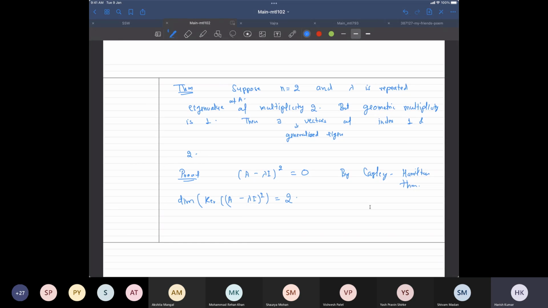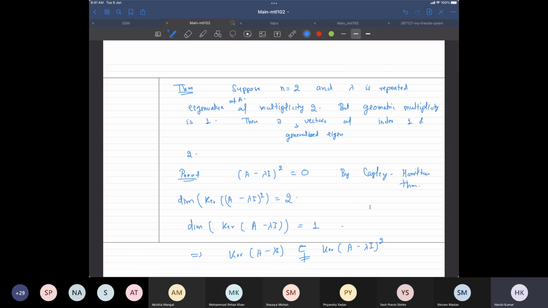But we know that the dimension of the kernel of A minus lambda I, which is nothing but the subspace spanned by the eigenvectors, is equal to 1. That's why geometric multiplicity was 1. Okay, so this implies that the kernel of A minus lambda I is contained strictly in the kernel of A minus lambda I square, that means there are vectors outside this kernel which are in the kernel of A minus lambda I square.